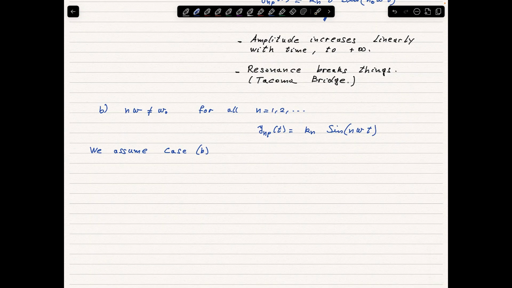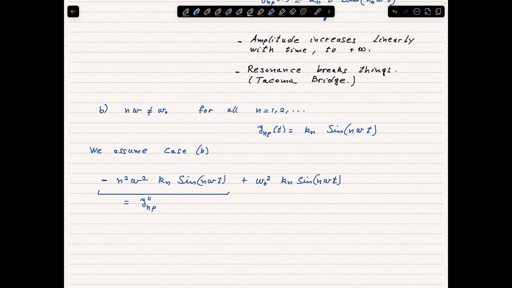So the second derivative is going to be minus n squared omega squared, then we have the constant k, then we have a sine of n omega t. This is the second derivative, so let's put it here. This is y_np second derivative plus omega 0 squared times the function, which is k sine of n omega t.